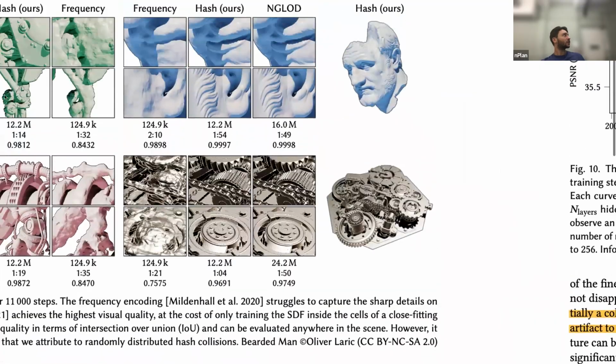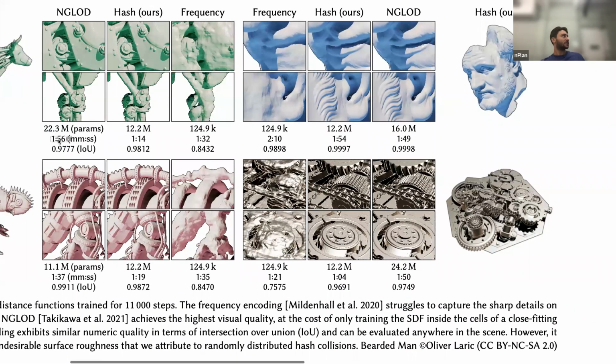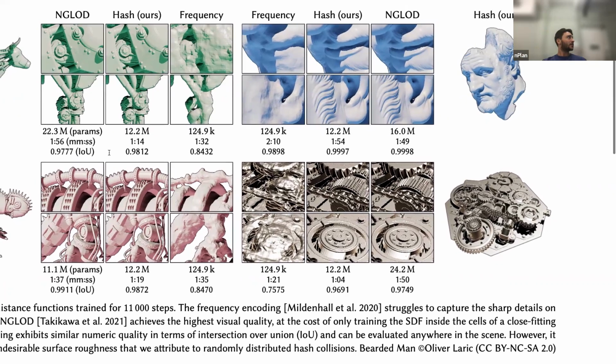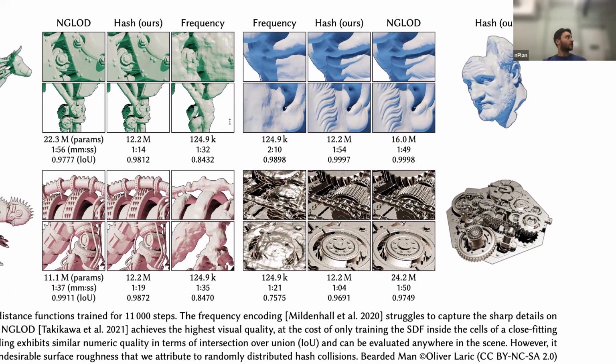Number of parameters, training time, and then this metric, which I think is intersection over union, which is just how good the signed distance function is. And you can see that their method is actually slightly better here, but they say that Encoding is generally better. Yeah. So their method isn't as good as Encoding, but it takes a little bit less time to train and it's almost as good.